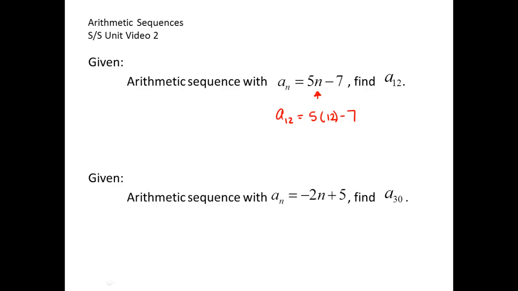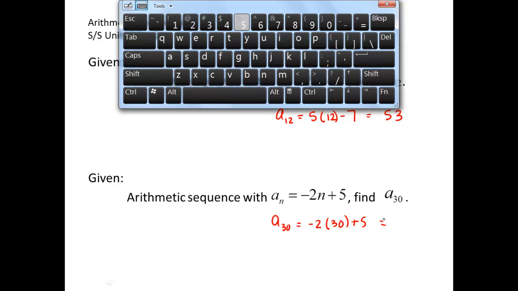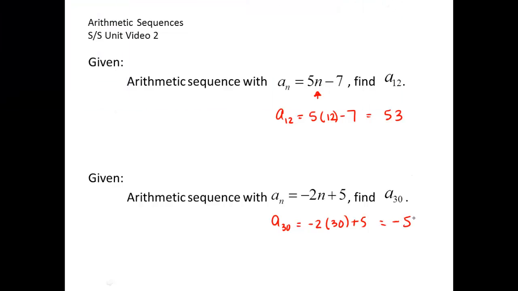So I know 5 times 12 is 60 minus 7 gives me 53. Okay, the next one, a sub 30 will equal negative 2 times 30 plus 5. So negative 60 plus 5 is negative 55. So the 30th term is negative 55.